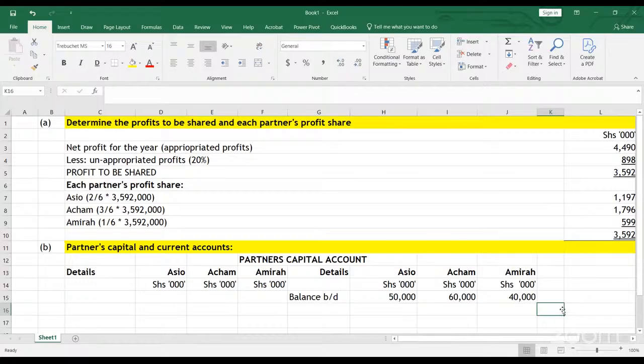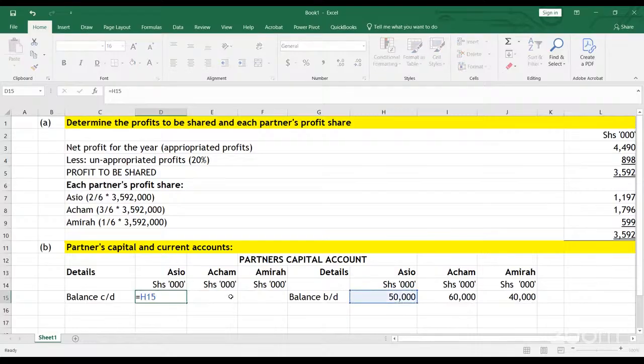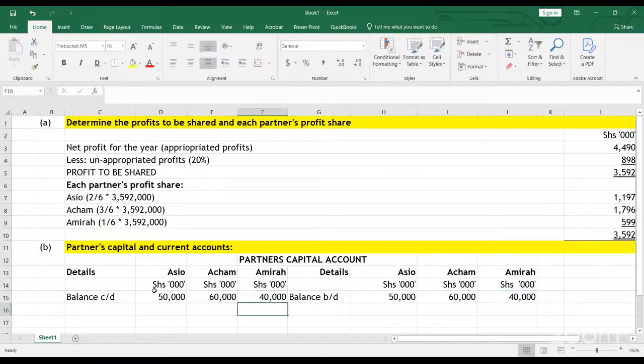So the capital balance is maintained year after year. Get your balance carried down, which will still be the same balances because there is nothing we have added. So those will still be the balances in this account.